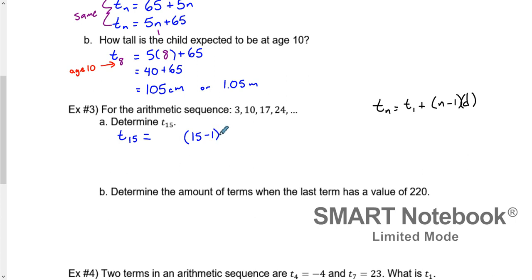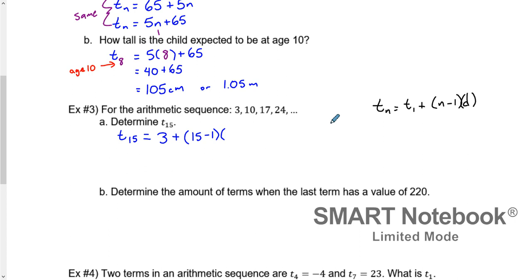15 subtract 1. So the first thing that we need to do is find out what is term 1. And sometimes it can be really simple. In this case, it's 3. So term 1 is just 3. And what about d? Well, our difference is asking how much this is going up by each time. 3 to 10.